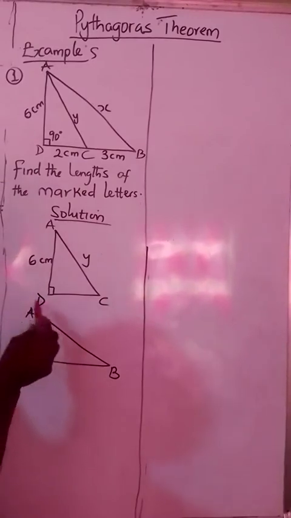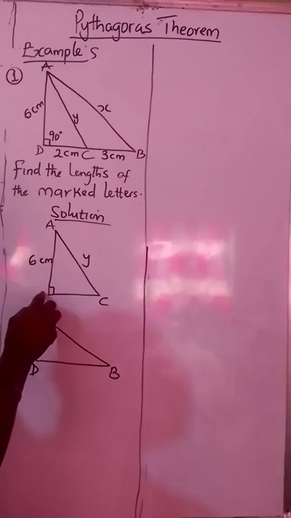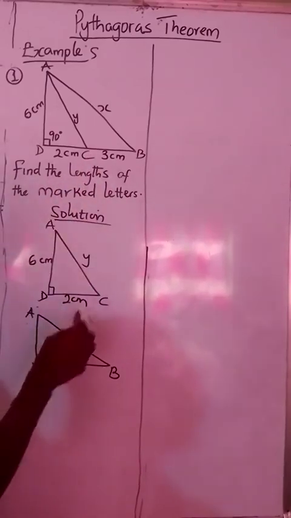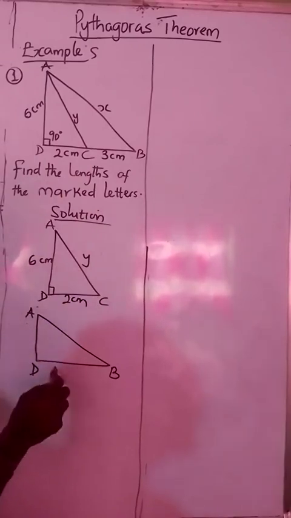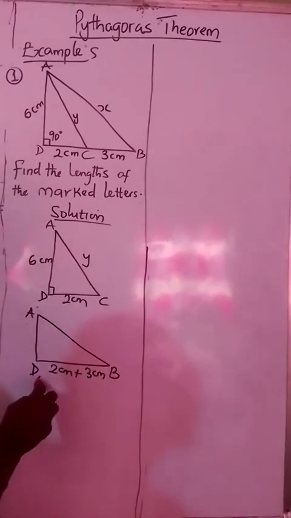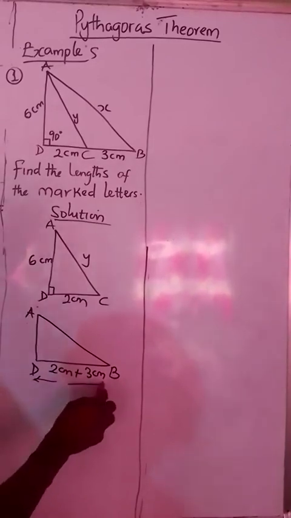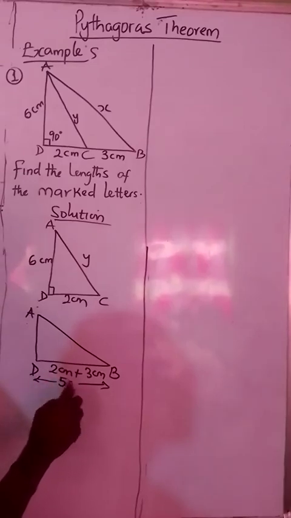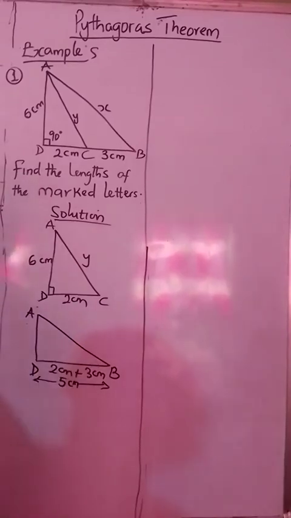So for the smaller right angle triangle, our DC is 2 centimeters. While for the bigger right angle triangle, you can see you have your 2 centimeters plus 3 centimeters. So from here to here, that gives us what? 5 centimeters.